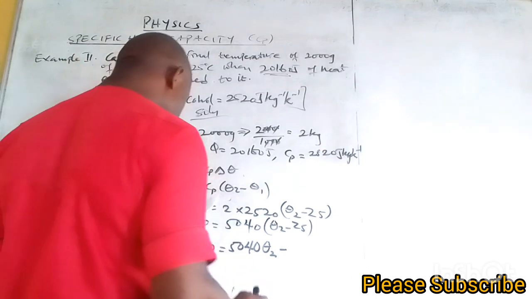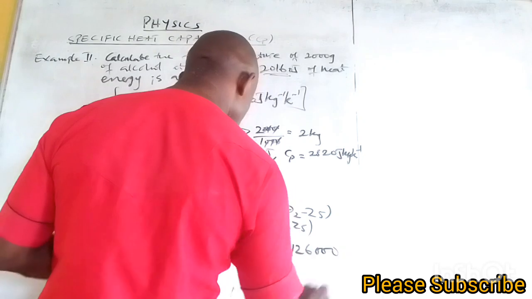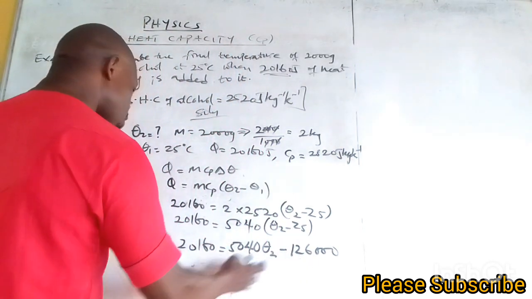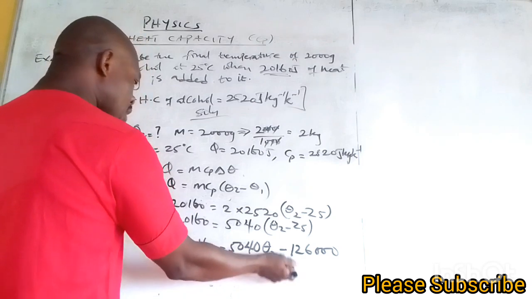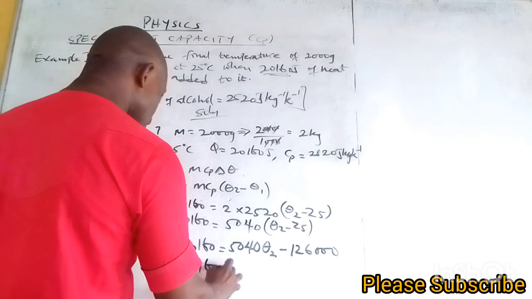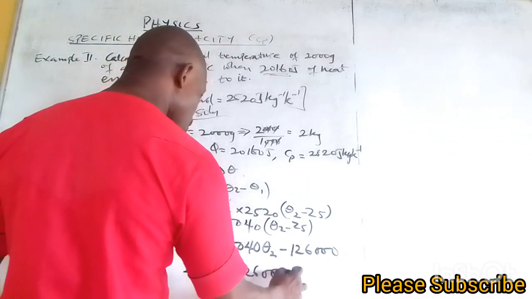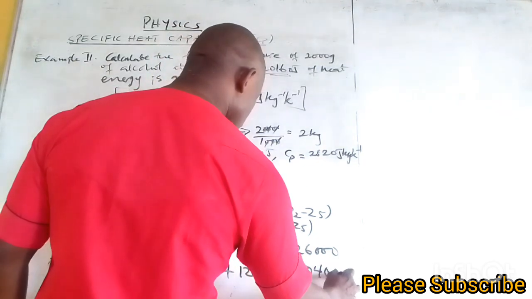By calculation, it will give us 126000. Now, collect like terms. This one will come over, and of course, once it comes over, this minus will change to plus. We now have 20,160 plus 126000, which is equal to 5040 theta 2.